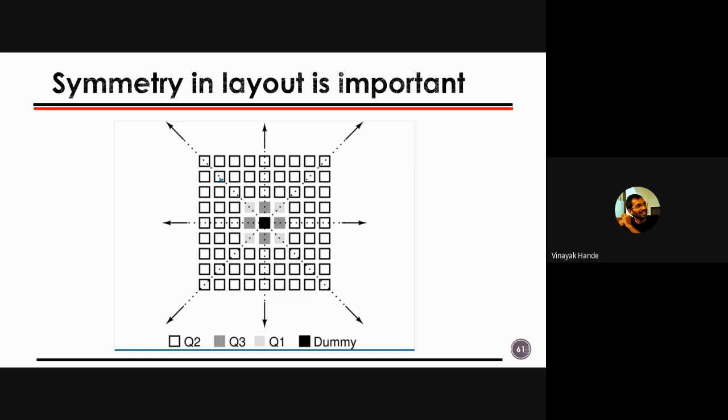Otherwise your LVS will not get clear. So putting the dummy is an important thing, but again, passing the information about the dummy has to be nicely passed to the circuit designer engineer as well, right? So that there will not be any LVS issues.